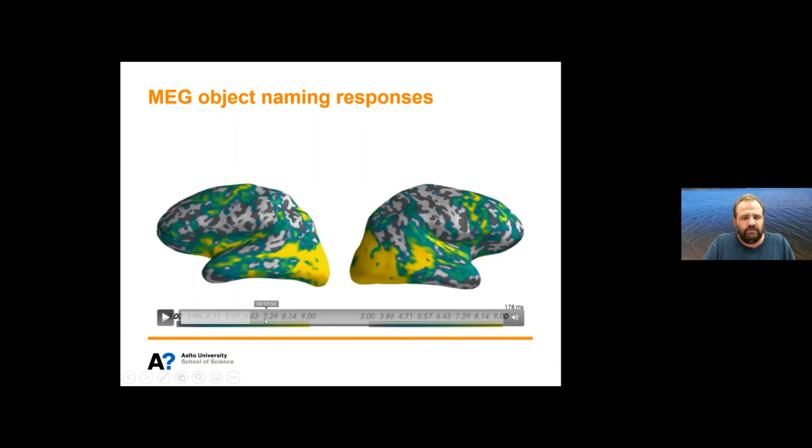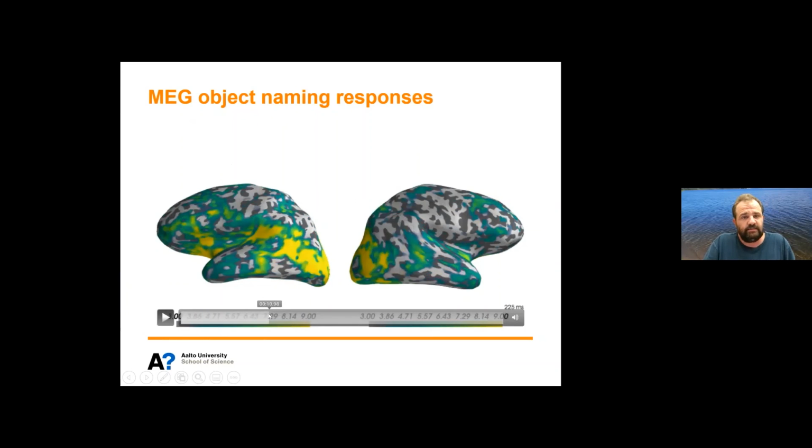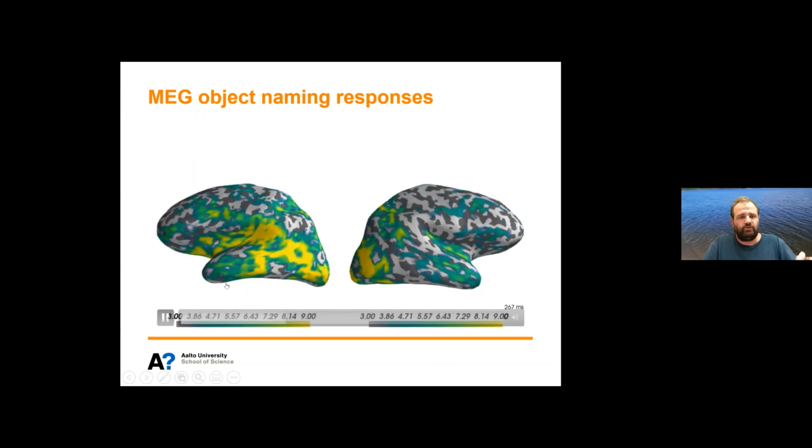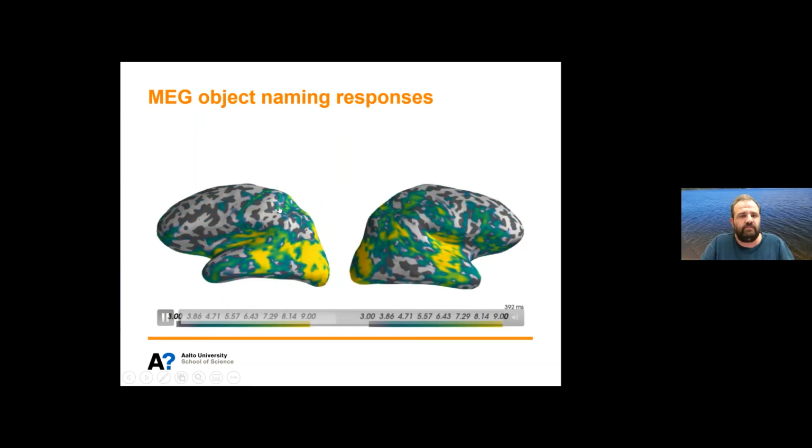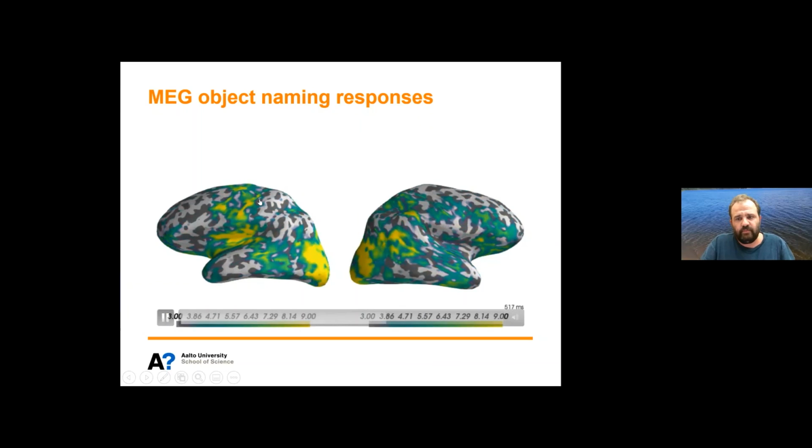Then at 200, it's a similar area, but not that strong, and less strong later in time. So the MEG activity continues, and we can use the different times to map specific areas. Let's say that at 500 milliseconds, we would stimulate in this area mostly, and at 200 more frontally.